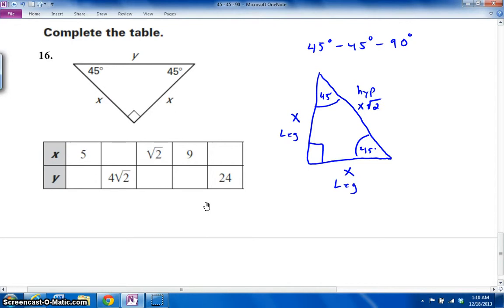Alright, so on problem 16 we have side lengths, or the legs, as x. So I'll just label this. And our y value here is the hypotenuse. Here in the top row are your x's, the bottom row are your y's. So this first column, your x is 5, which means both legs are equal to 5.